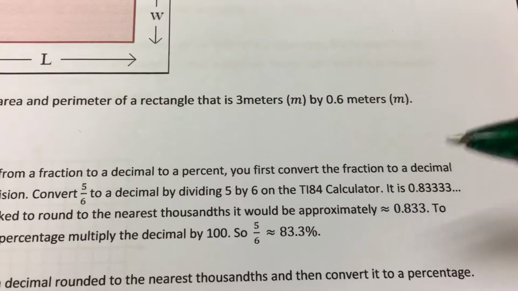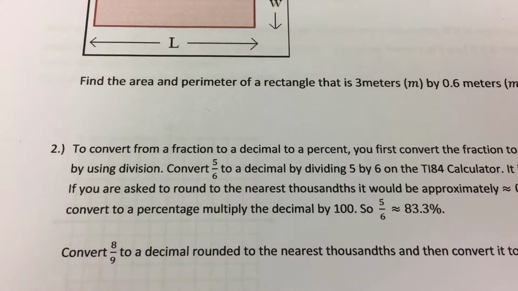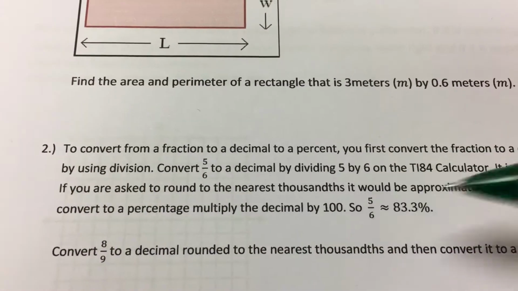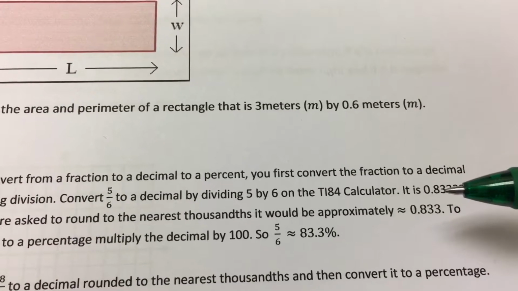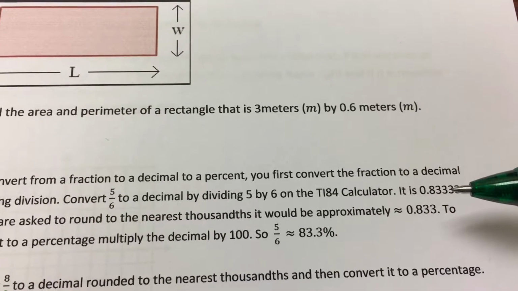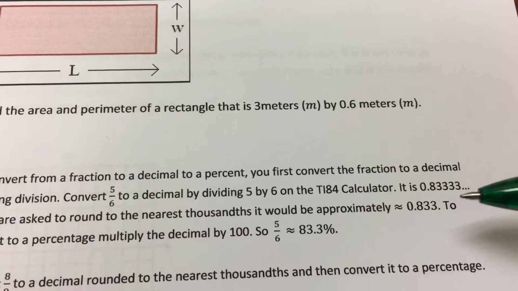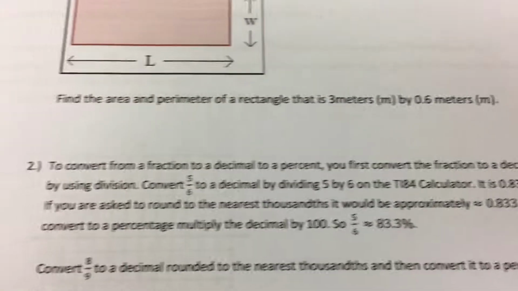When I do, it comes up 0.83 repeating. If you're asked to round to the nearest thousandth, it would be 3 decimal places. Notice the 3rd place right there. I look beside it, it's not 5 or higher, so I drop these numbers off. So there's my answer, 0.833.